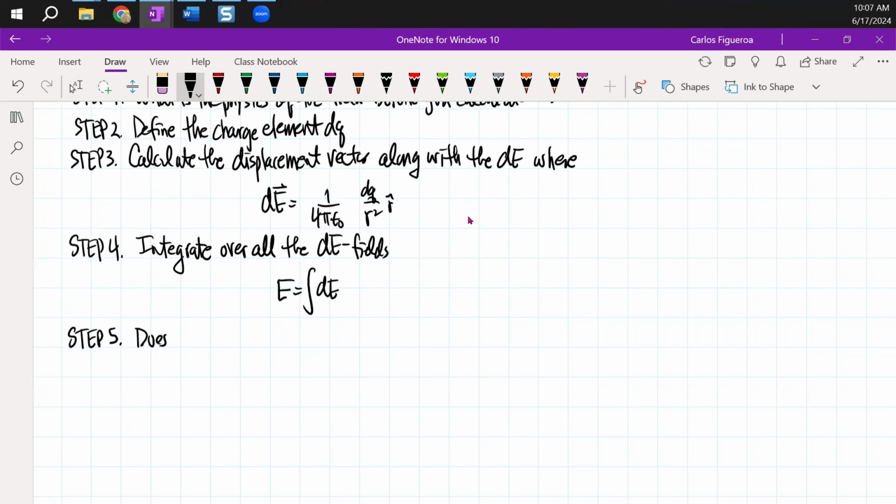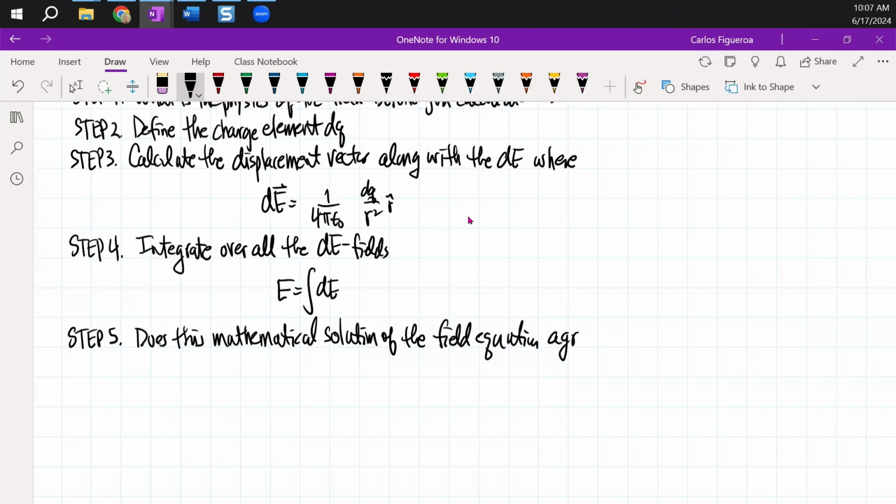Does this mathematical solution of the field equation agree with our initial assessment from step one?